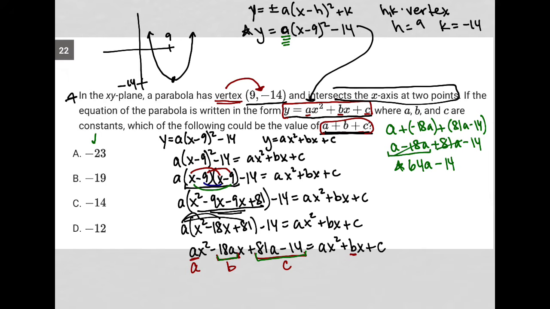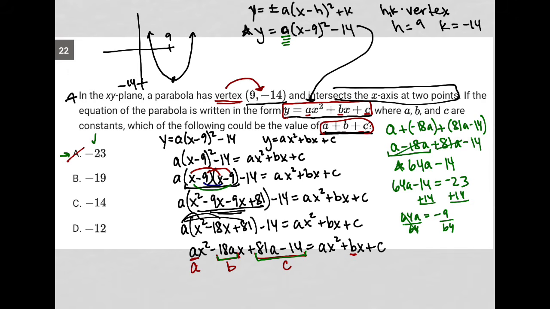So when I try choice A here, that would be saying that 64a minus 14 equals negative 23. If I add 14 to both sides, I'd have 64a equals negative 9. And that's going to give me a negative number, right? So I divide by 64. I'm going to end up with a equaling something negative. I don't want a to equal something negative, so it can't be negative 23.